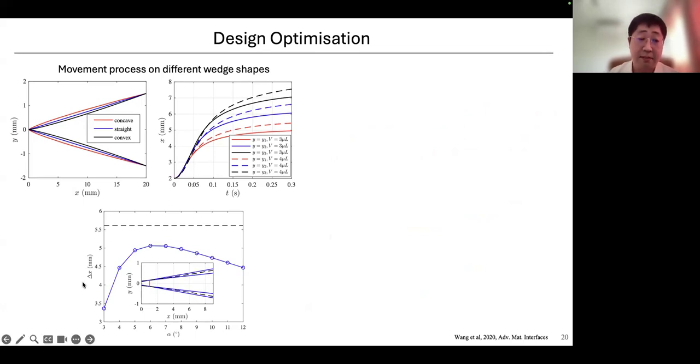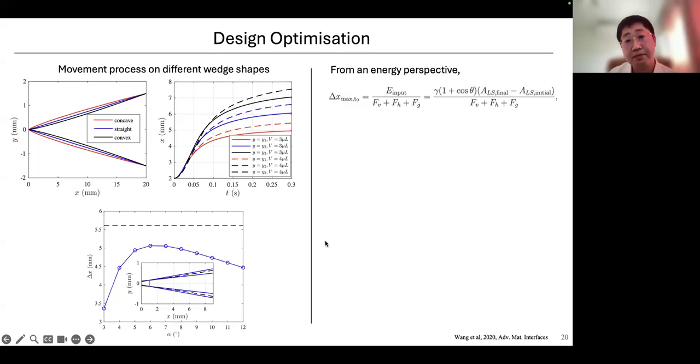So here, that's just a comparison of the droplet movement distance. So the black dashed line is the convex shape, and all the blue lines are the straight edges with different opening angles, alpha. We see that overall the convex shape is better than any of the straight edge cases.